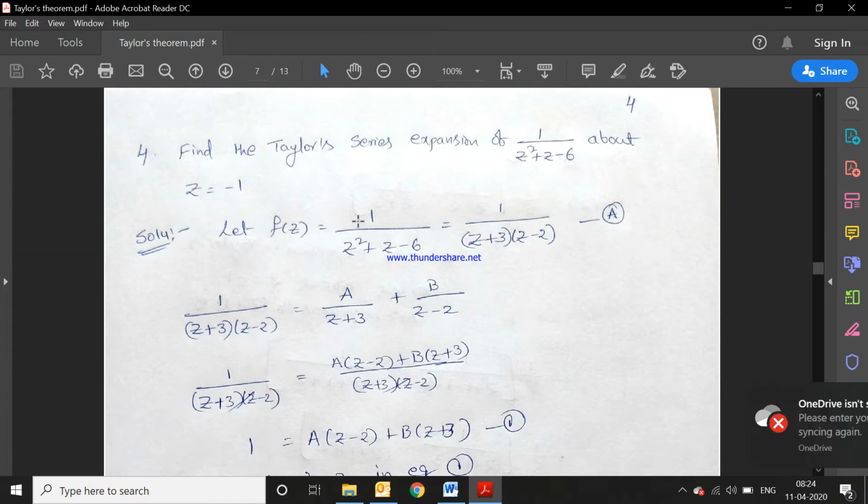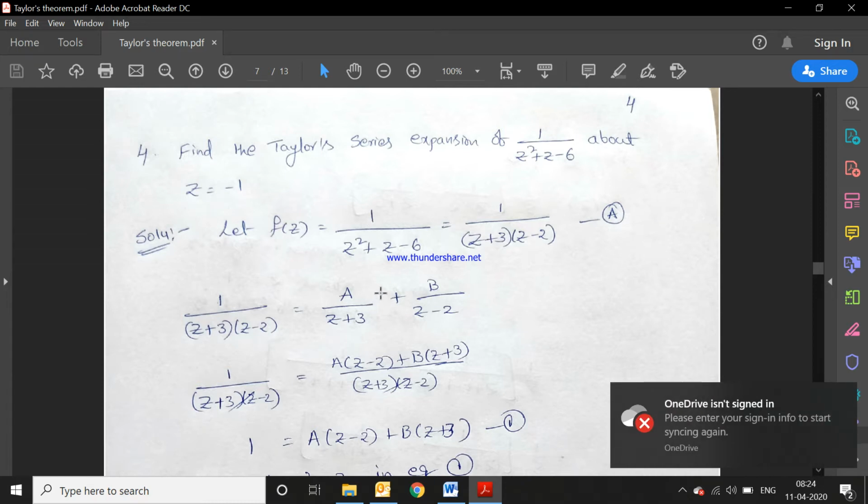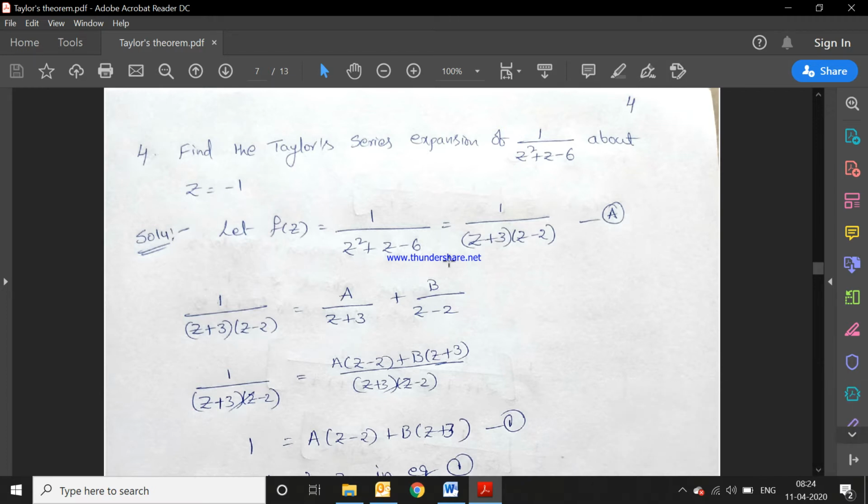So let f of z is equal to 1 by z square plus z minus 6, equal to 1 by z plus 3 into z minus 2. How to write this? We know how to write the factors of a quadratic equation. So z square plus z minus 6 is written as z square plus 3z minus 2z minus 6, because plus 3z minus 2z is plus z, and plus 3 and minus 2 is minus 6.